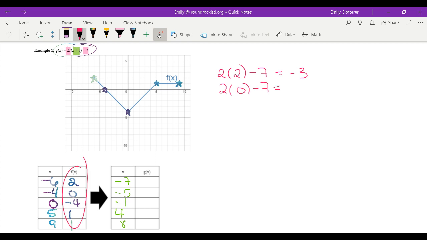So these are those numbers here. -7. And it's easier to do the points in order as they appear in the table for f of x, because you want to make sure that the correct x values are going with the correct y values, so that the same pair is ending up together in the transformed function.